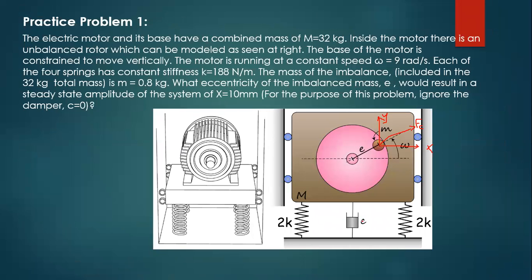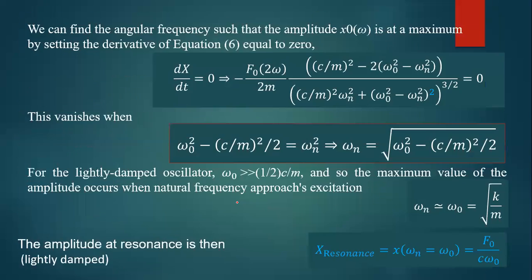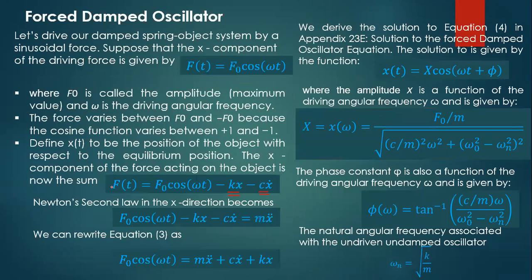Here we have the damper, and here we have the stiffness. So f naught cos omega t minus kx minus c x dot equals m x double dot. This finally gives us m x double dot plus c x dot plus kx equal to f naught cos omega t. This is the general form of the equation.